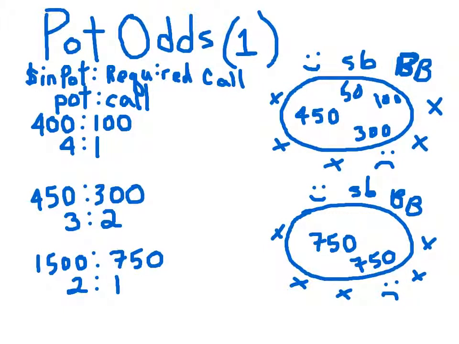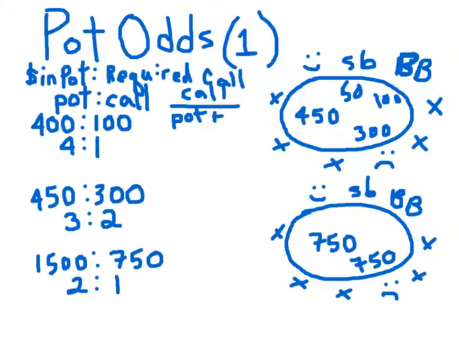Now, the method of expressing pot odds as a ratio is the classic method. There's an alternative method called the percentage method. And to arrive at that percent, what you do is you divide the call not just by the pot, but the pot plus the call.